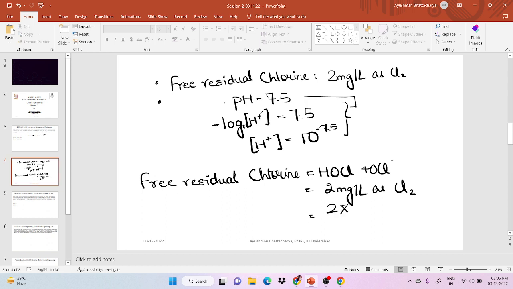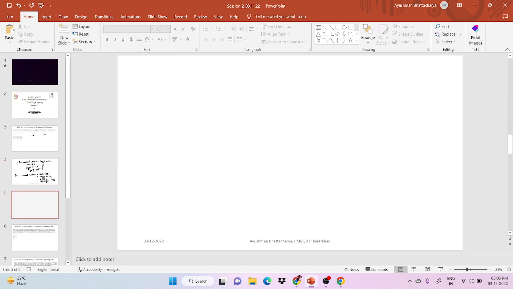So 2 into 10 raised to the power minus 3 grams, since it is milligram, divided by the molecular weight of Cl2, which is 35.5 into 2.